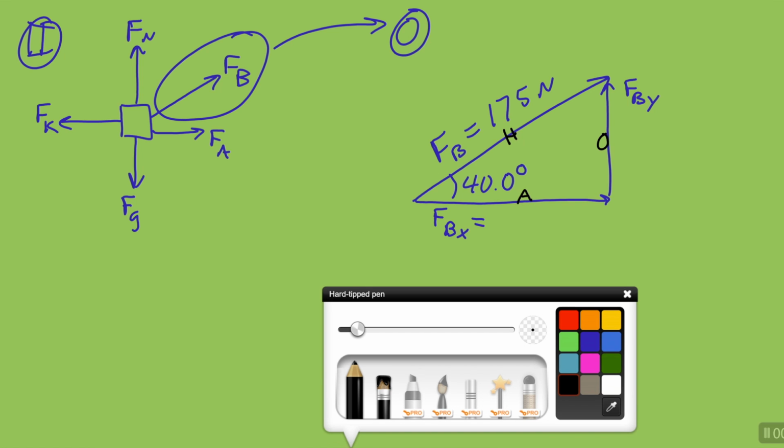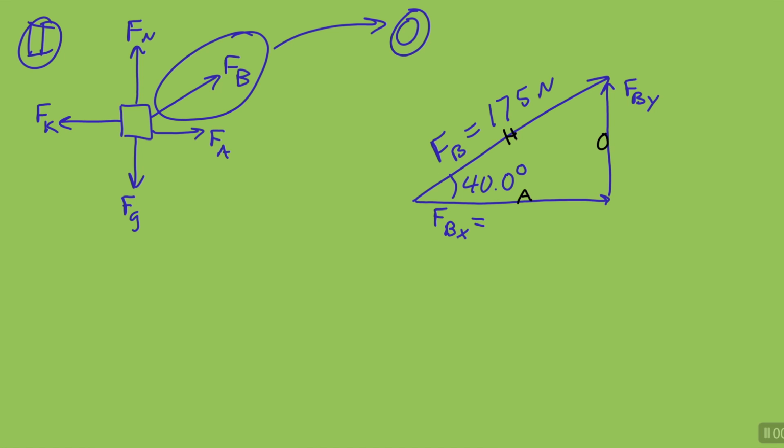So that one gets an O. I've done enough of these problems that I know the side with the adjacent has to be F sub b times cosine of theta. And this other one, F sub by, is dealing with the opposite side. So that must be F sub b times the sine of theta.